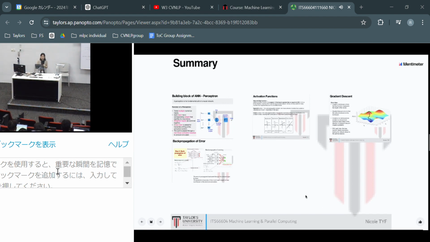Then we talked about the activation function, which is one of the most important aspects that introduces non-linearity to our neural network. And finally, we talked about gradient descent, which defines how fast or how slow we should train our neural network. And that is for today. I will see you next week.